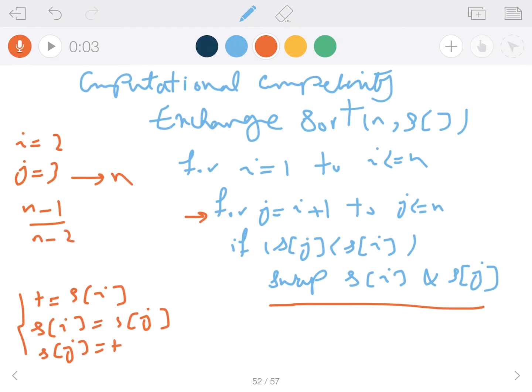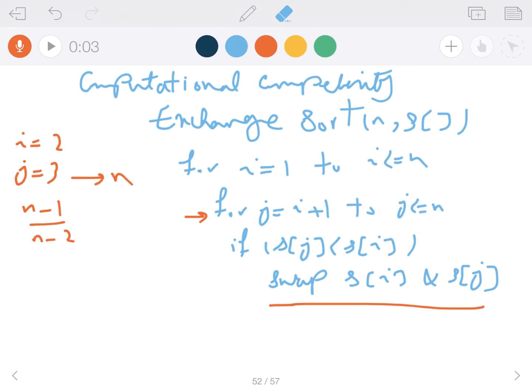If we continue this up to I equal to n, we see that this is a very simple summation: the sum for I equal to 1 to n minus 1 of n minus I. The reason we go to n minus 1 and not n is that when I is equal to n, the inner for loop doesn't execute, because j starts at n plus 1, which is not less than or equal to n.